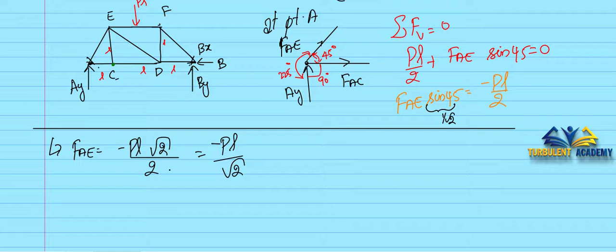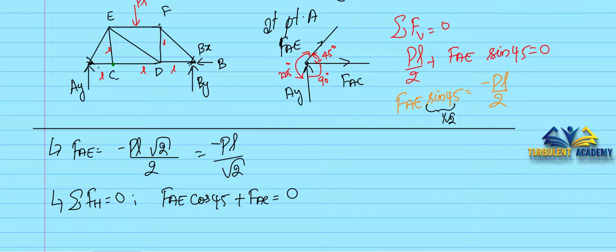Now once you have got that, the summation of horizontal forces is equal to 0. Now solving for horizontal forces: FAE is going to the right-hand side, so positive, not sine, it's cos 45, and FAC is also going to the right-hand side, which is positive. So FAE cos 45 plus FAC is equal to 0.